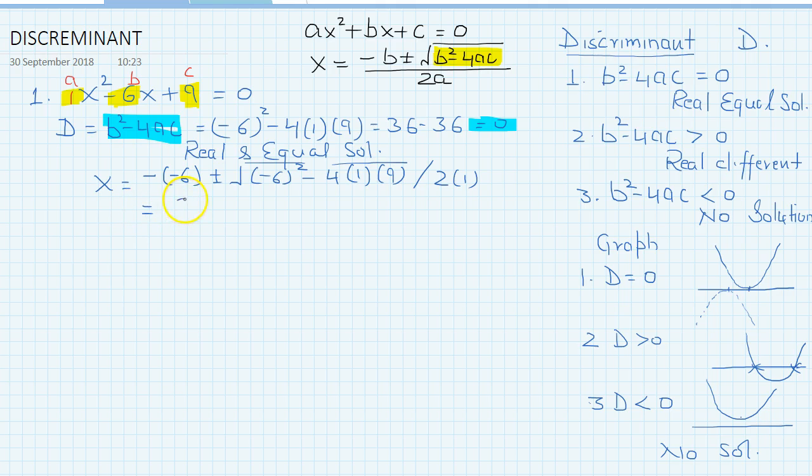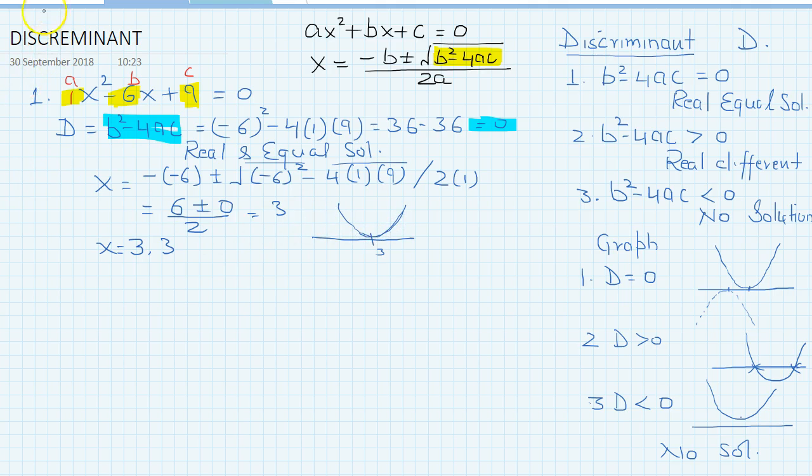So that is equal to 6 plus minus, this is 0, over 2, so that is 3. So the solution is x is equal to 3 and 3. So this is real and equal solution, and the graph of this will be, this is 3, so this will be the graph.